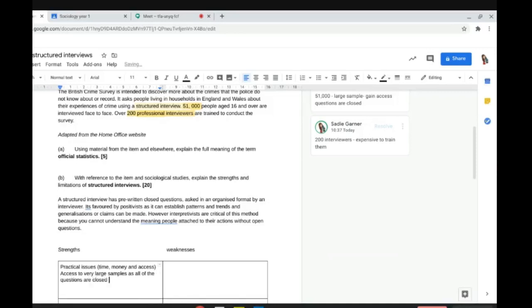You can gain access to really large samples as all of the questions are closed, so they are quick to complete.